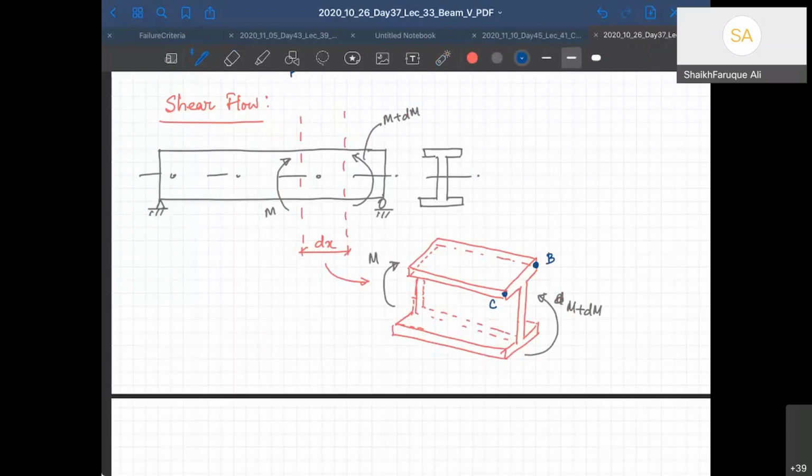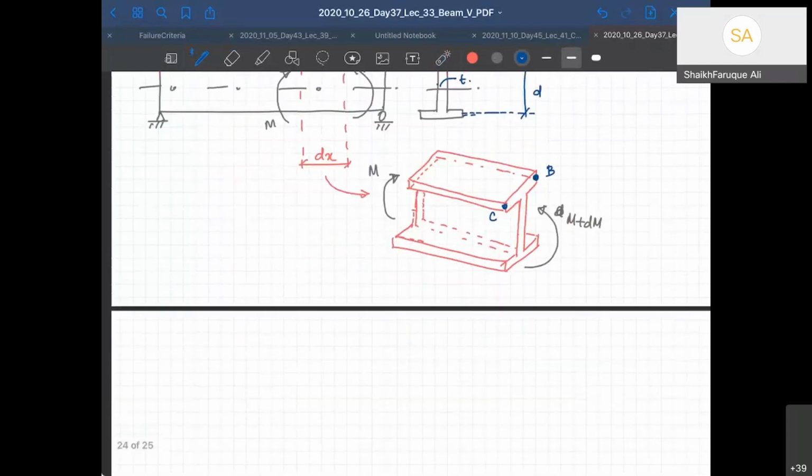The thickness here is t, very small, and from the center of this till the center, not the end, center of that, is d. Okay, and this is also t thickness. So this B point and C point are very interesting points. If I take a small portion around this B point, let's say I want to look at the portion which is like this.